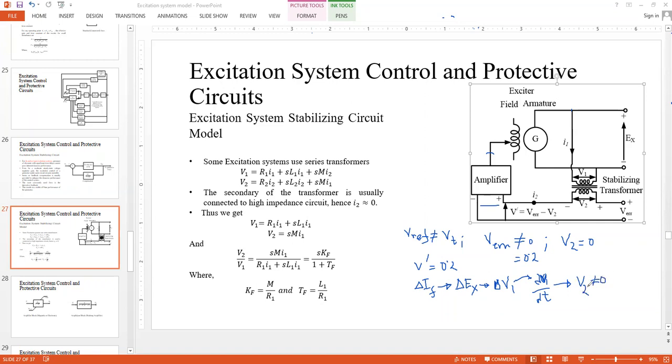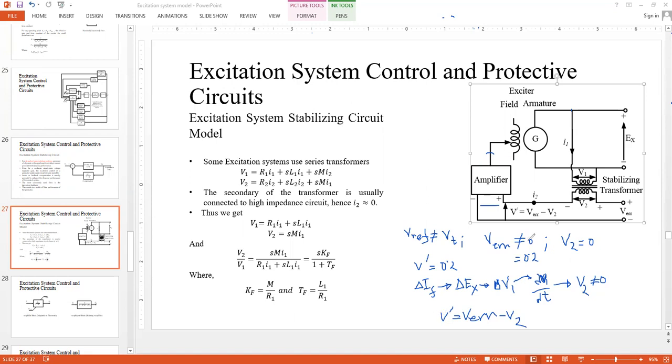As soon as you have some value of V2 other than 0, your V dash would be updated, isn't it? So V dash would be reduced, because V2 was 0, now it would be some positive value, of course.